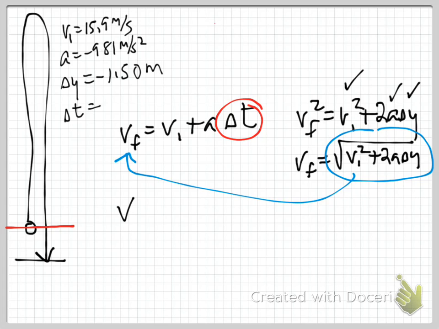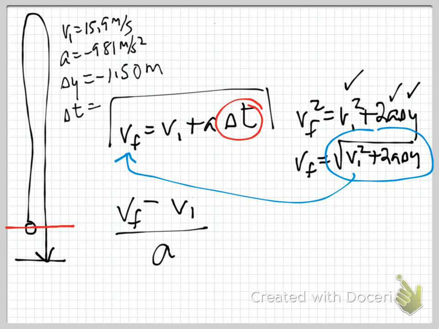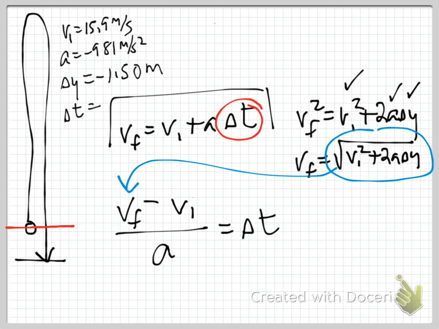So I would rearrange this for delta t, VF minus VI divided by A equals delta t. So then we have this expression that we can neatly pop in for VF. We're not using a calculated number. We don't have the risk of forgetting what we're doing and rounding it before we put it in.